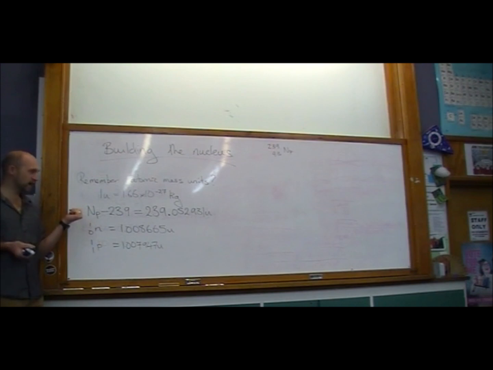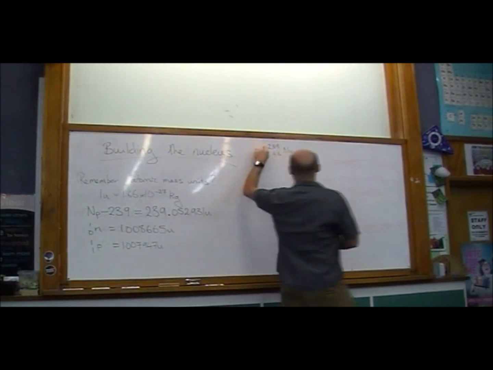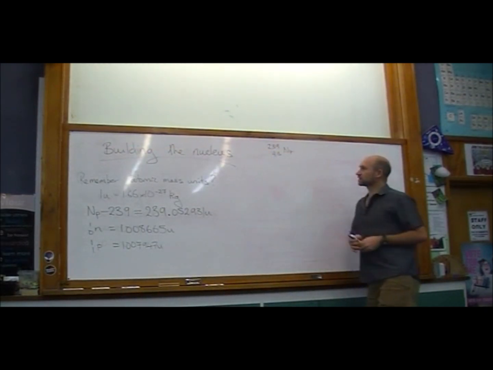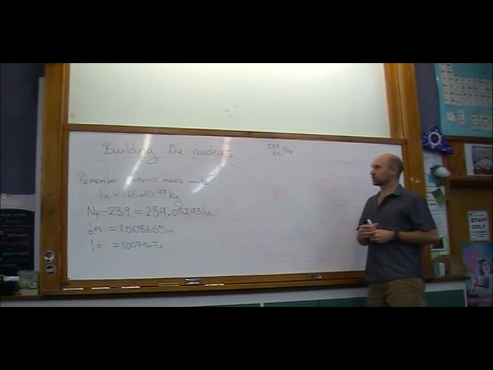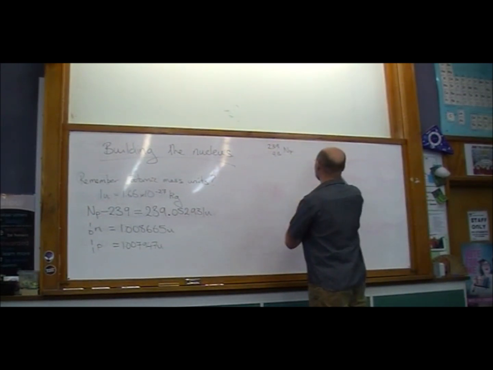We're going to have a go at looking at Neptunium-239, and Neptunium-239 is 239.052931 atomic mass units. And so when we're assembling a Neptunium nucleus, we're going to use neutrons and we're going to use protons. And if we look at the nuclide symbol for Neptunium, we can see that there's 93 protons.